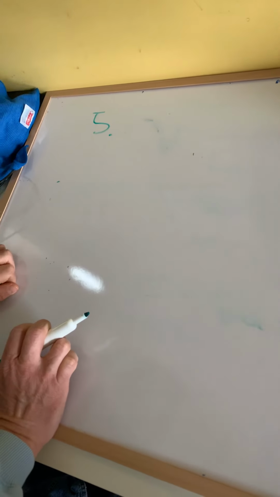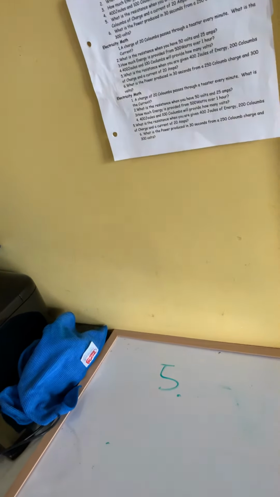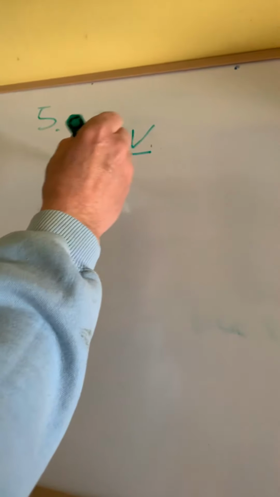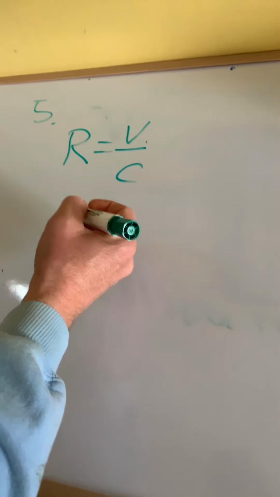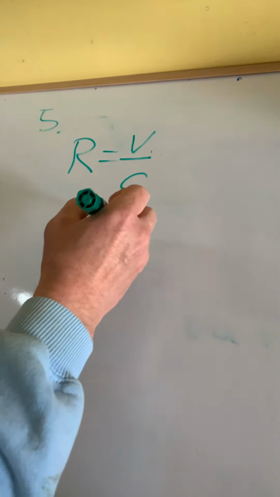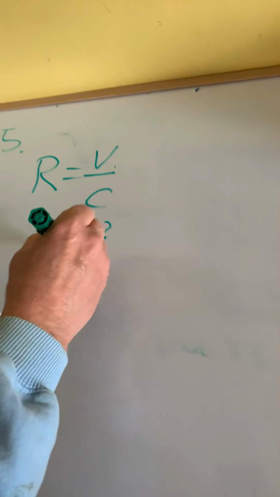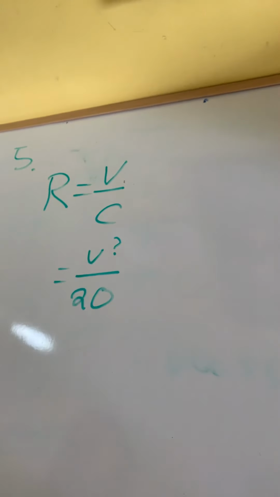Couple more. Number 5. What is the resistance when you're given 400 joules, 200 coulombs of charge, and a current of 20 amps? Now we know this one's tricky, it's got to be a two-stepper. But of all those variables, we want to identify the equation that has resistance equals voltage over current. We don't know voltage yet, but we know we're given 20 amps.